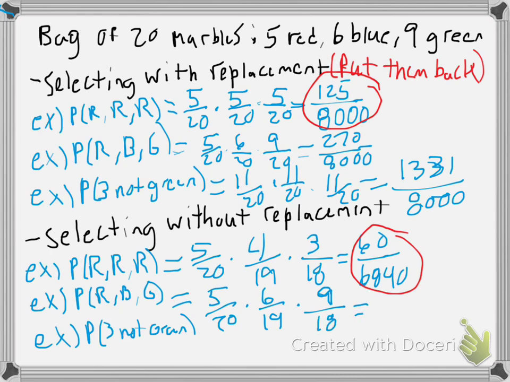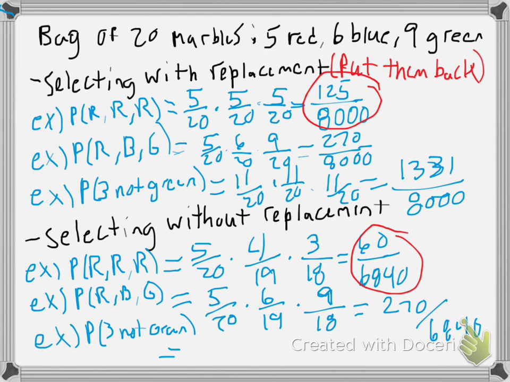So notice how the denominator goes down 1 because we're sampling without replacement. Numerator is 270 over 6,840.